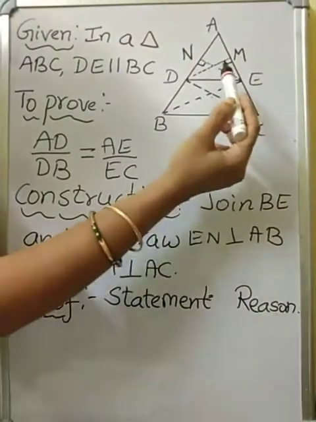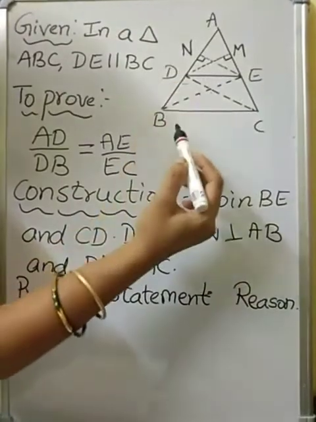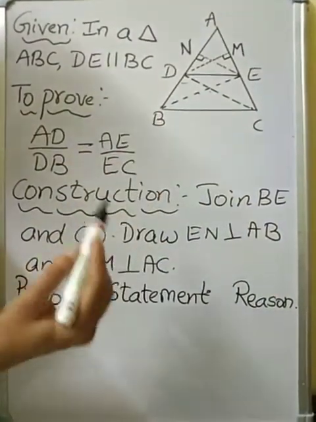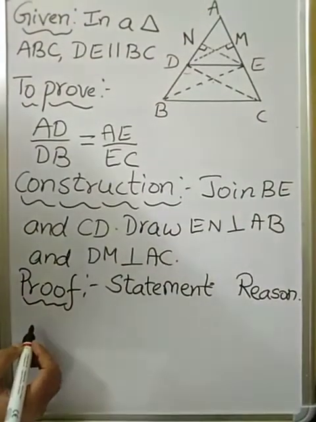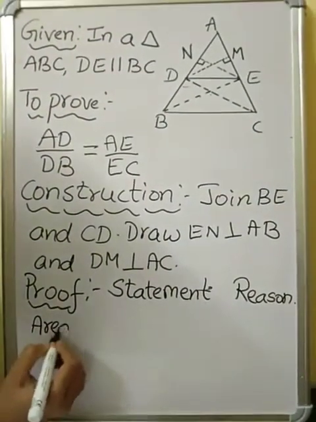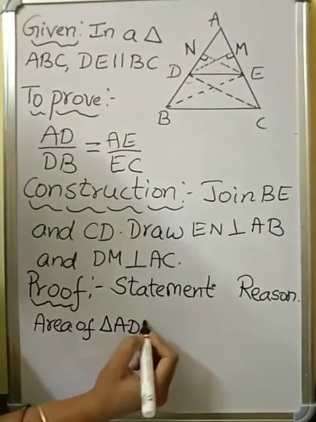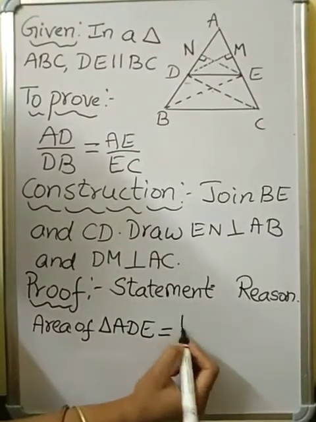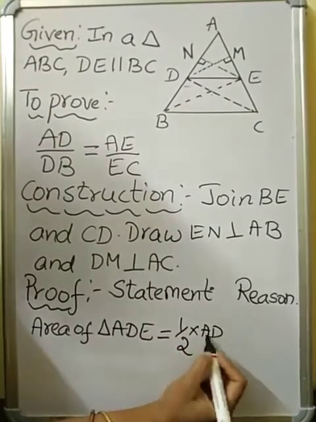Now you remember you have studied the area of any triangle, which is given by half into base into height. So I am going to write here: area of triangle ADE is equal to half into, now which is the base here?